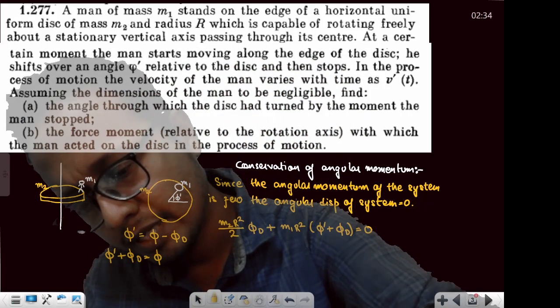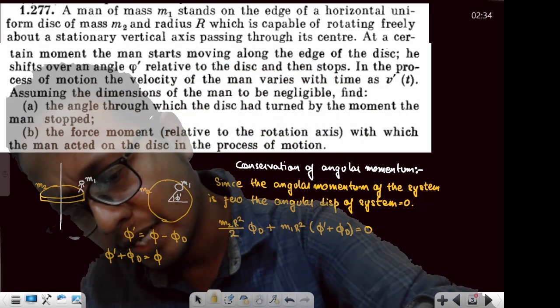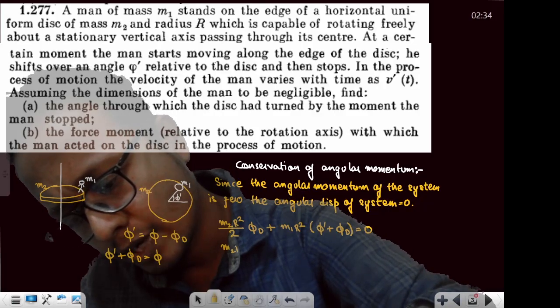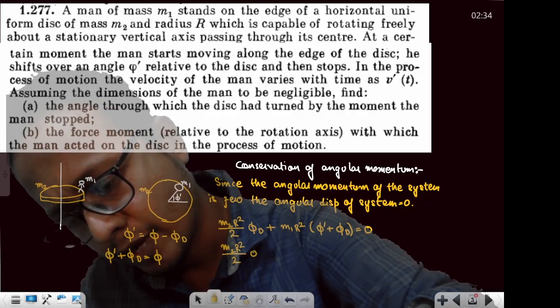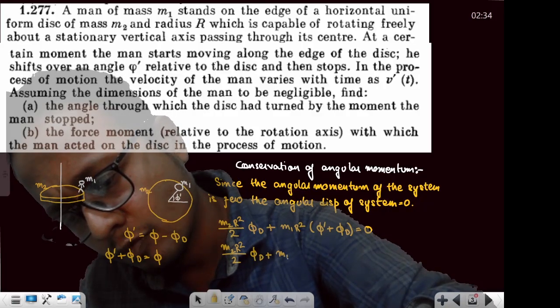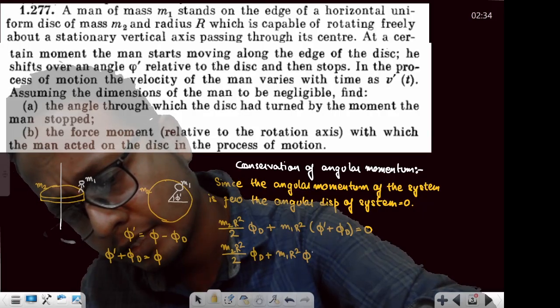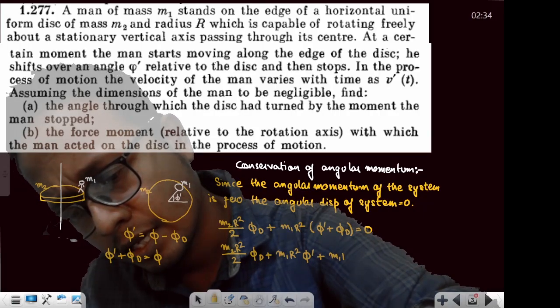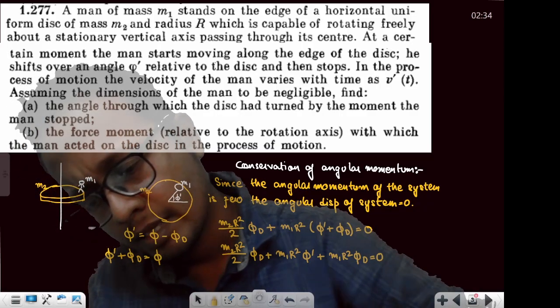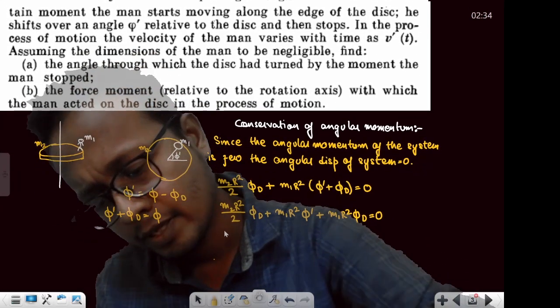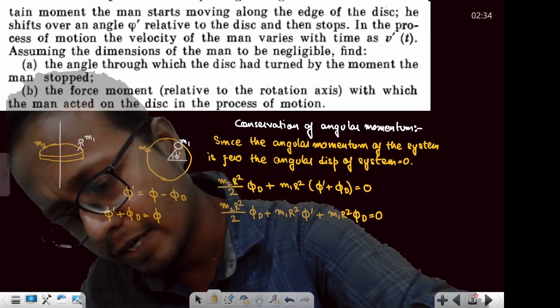Let me isolate my term. m2 r square by 2 phi d plus m1 r square into phi dash plus m1 r square into phi d is equal to 0. After that, isolate the thing I'm going to find out.